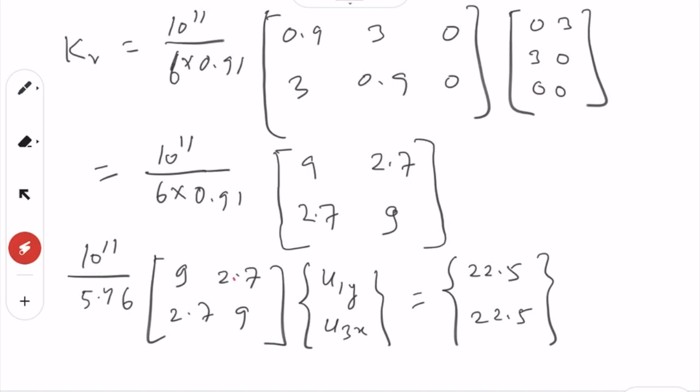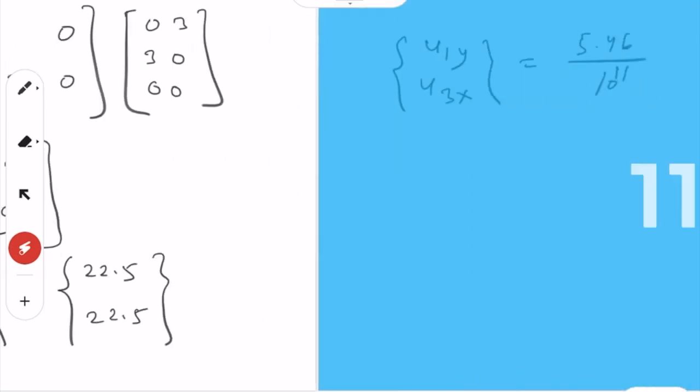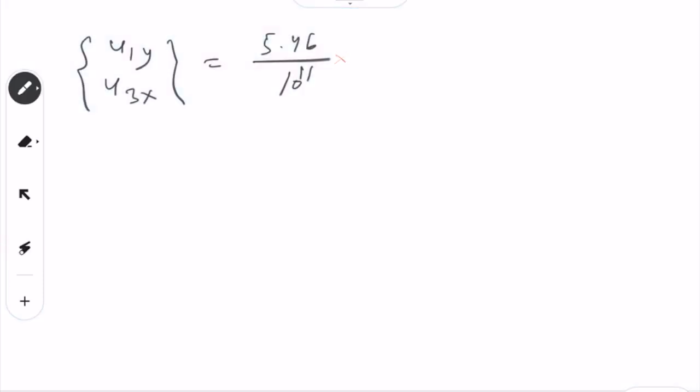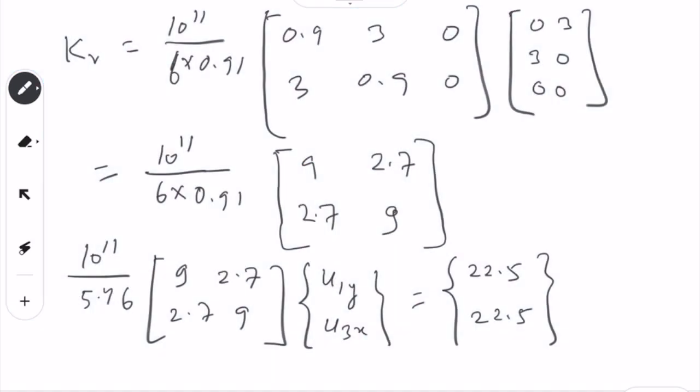Then we have to divide by this also. So 9 square minus 2.7 square. So that's the determinant. So multiplied by 1 over 9 square minus 2.7 square. Okay, fine. And then we have the inverse of that.